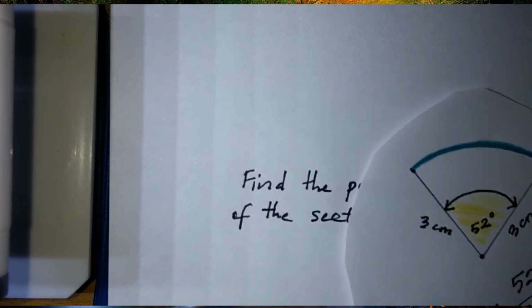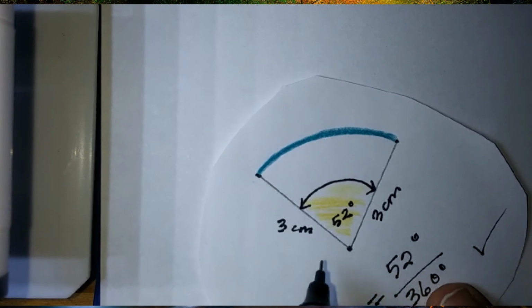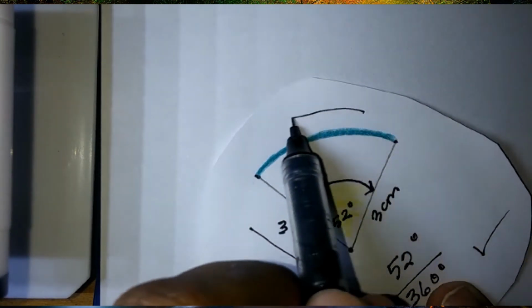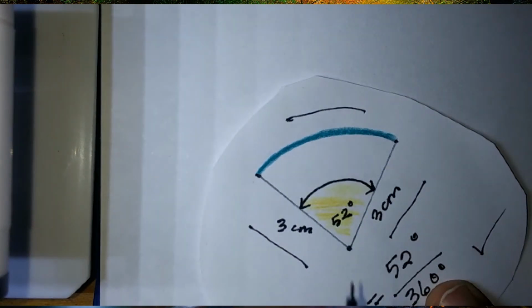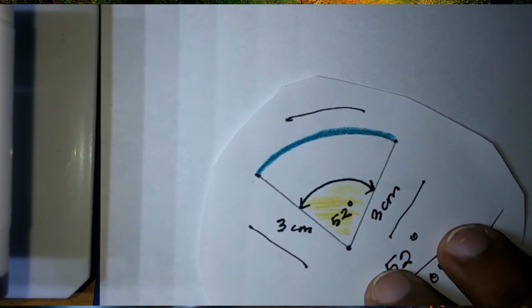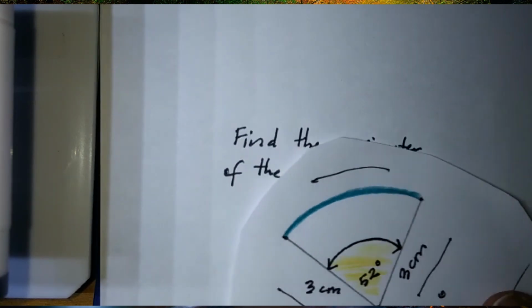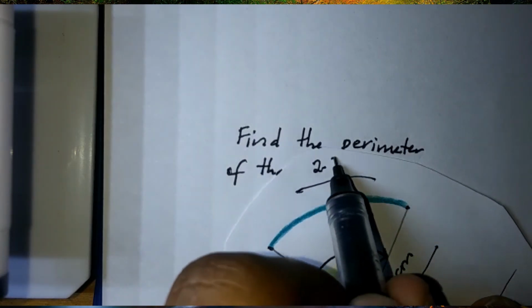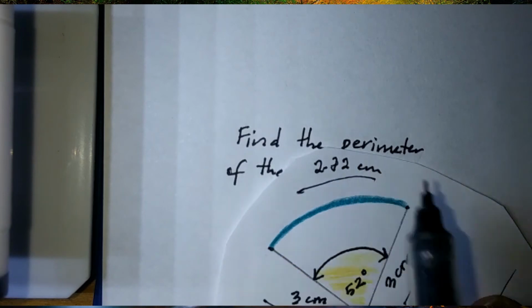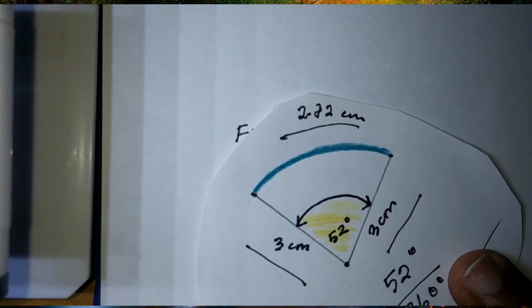Remember, perimeter means adding up all the sides: this side plus this side plus this side. We know that this side is 3 and this side is 3. And from our calculations, we found that the length of this arc was actually 2.72 centimeters.